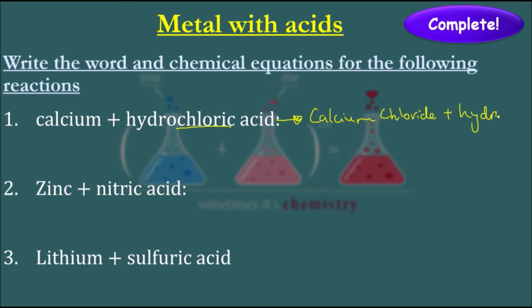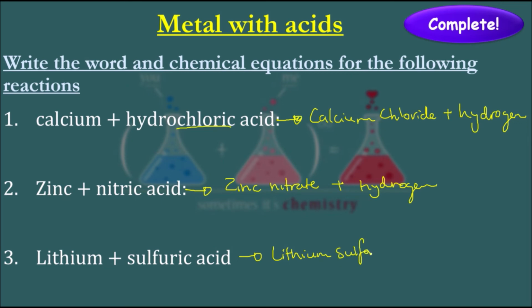We're not going to bother writing gas because we know hydrogen gas is formed and it is diatomic. Zinc and nitric acid would give zinc nitrate plus, again, hydrogen gas. Lithium plus sulfuric acid would be lithium sulfate, and that also makes hydrogen.